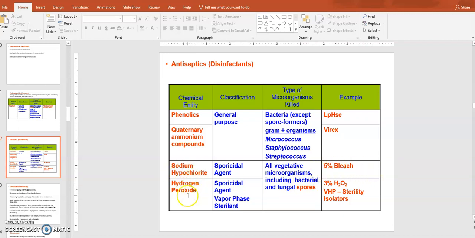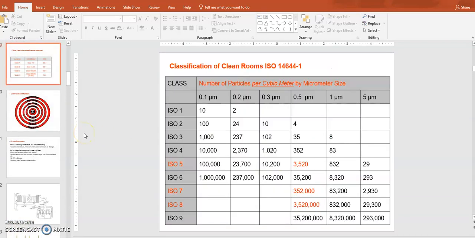And then another effective one is called hydroperoxide, 3% hydrogen peroxide, or VHP. It's a vapor form of hydrogen peroxide. That's what VHP is, vapor form. They can also kill bacterial cells very effectively, and spores as well. So you remember that filling machine I told you about in the picture before?